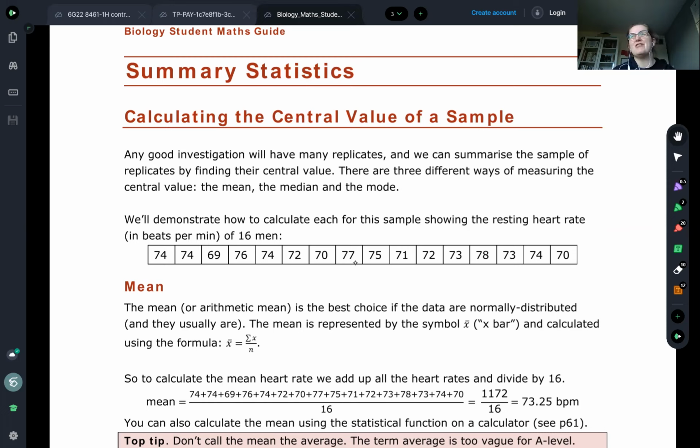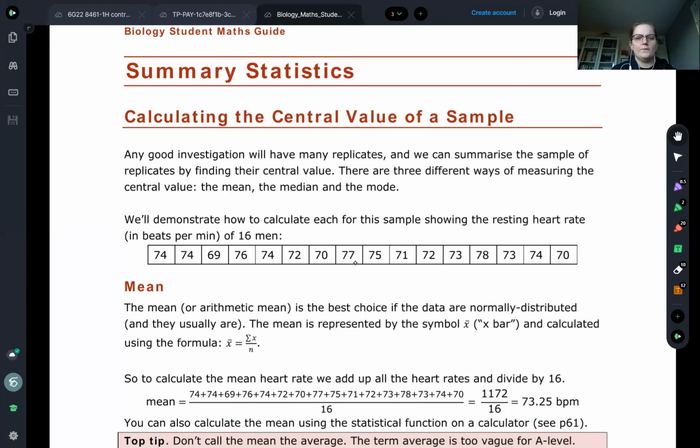Is there actually a difference? Is there not a difference? So rather than back at GCSE where we go, oh yeah, there seems to be quite a big difference between them, we bring in statistics, a mathematical way of saying what is the probability that our results are actually different, or could they be different just due to chance? So we're looking at that. So it's a probability type skill.